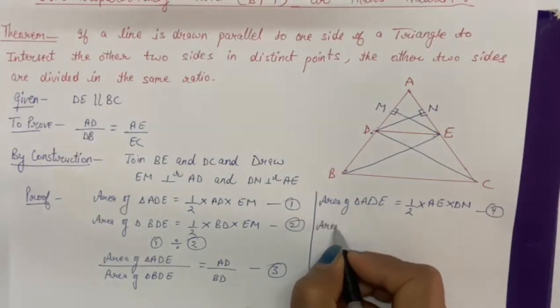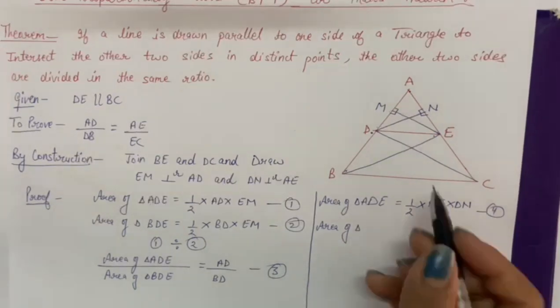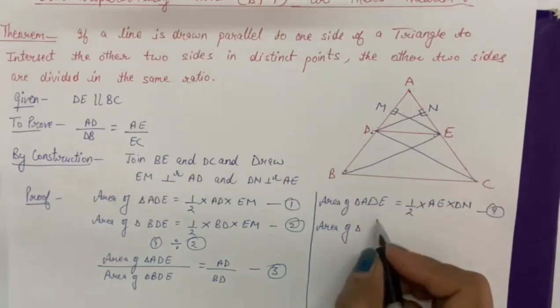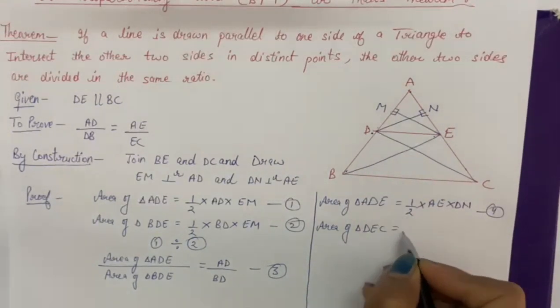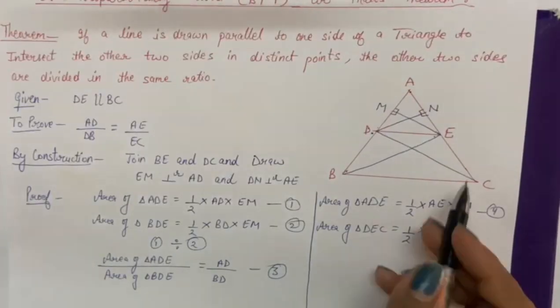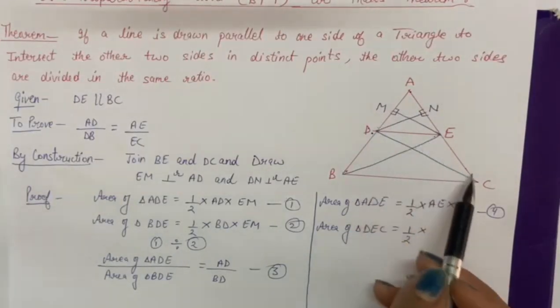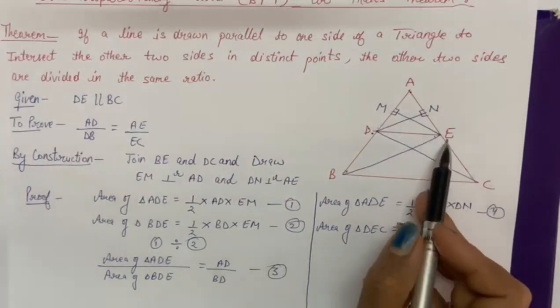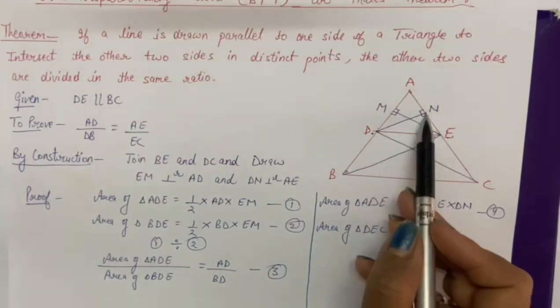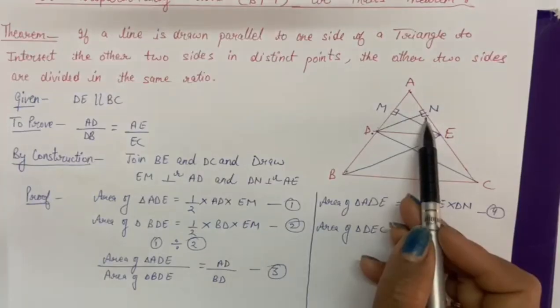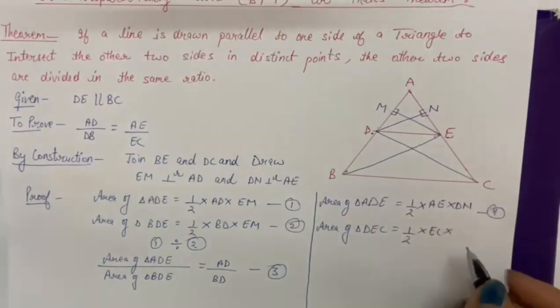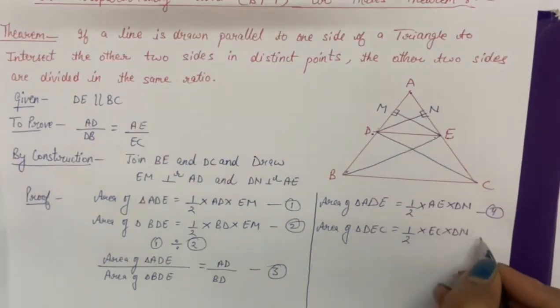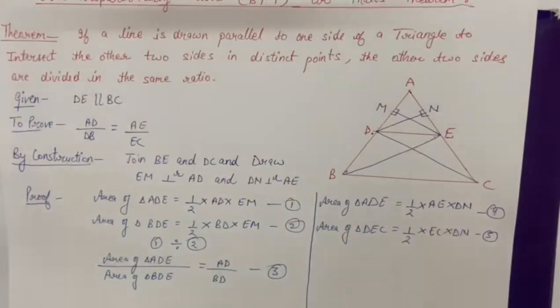In the similar way, we will find the area of triangle DEC. So area of triangle DEC is equal to half. Now again for this triangle DEC, base will be EC. And for the base EC, height will be the same perpendicular line. Understood? So here DN will be the height. And this is equation number 5.